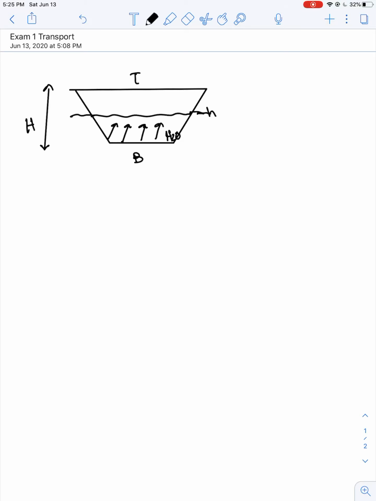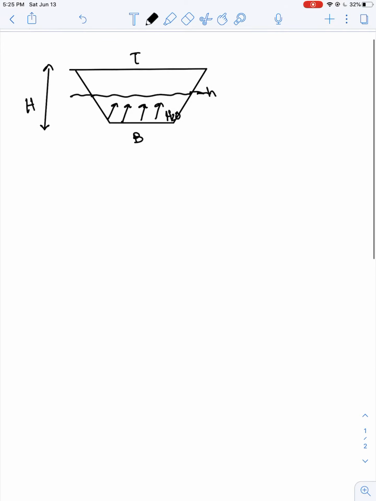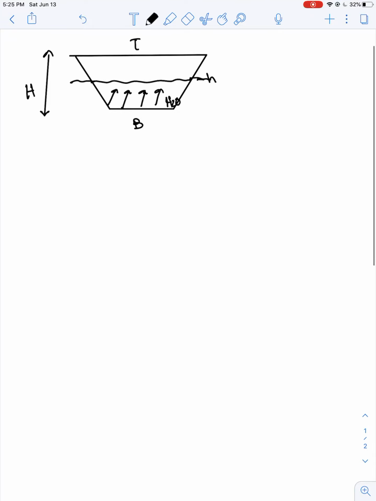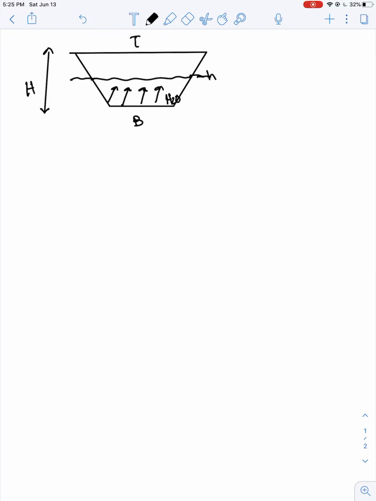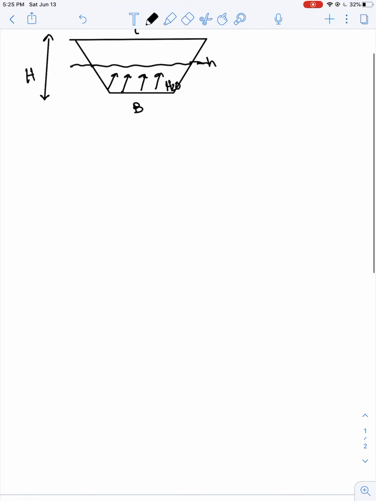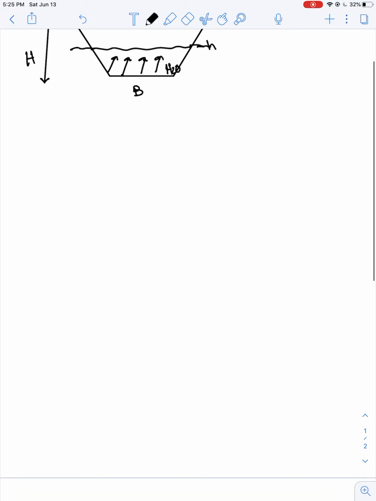And so one more thing I would like to consider is drawing a side view of this dam so that we can consider the possible effect of the atmosphere on the pressure and the force on the dam. And so here's a side view of this dam.